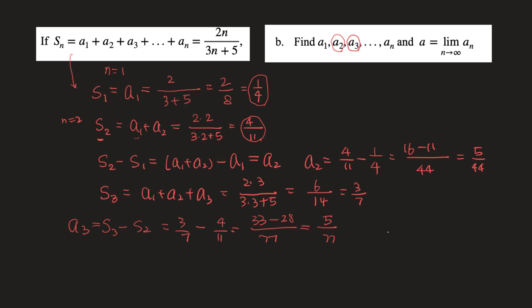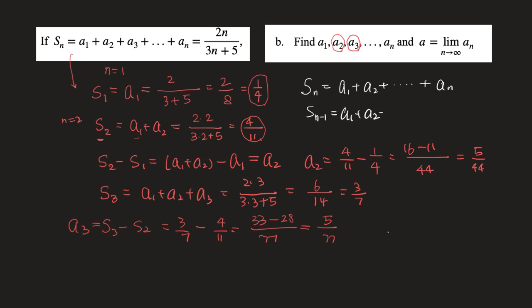Now we're going to find an. How can we find an? Same process, guys. Look at this one. All we know is Sn, which is a1 plus a2 all the way to an. What is Sn minus 1?